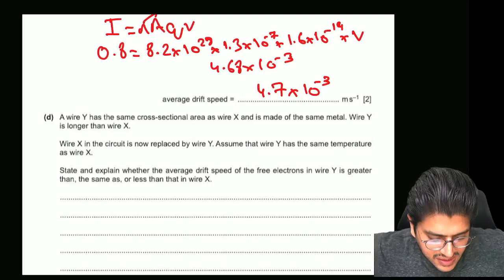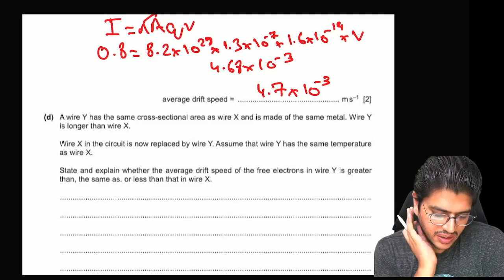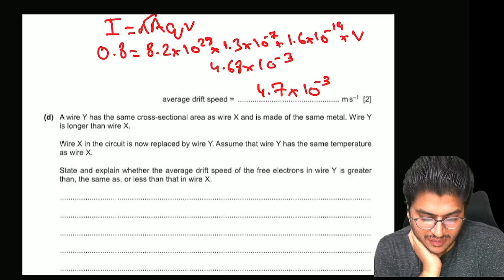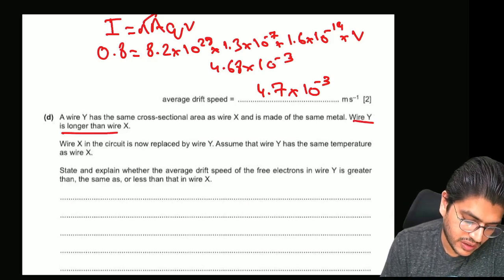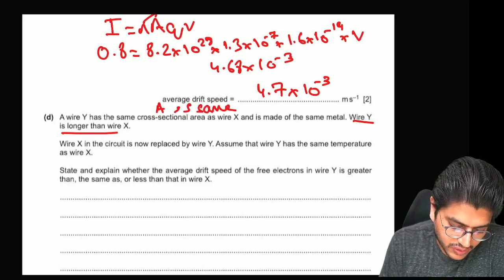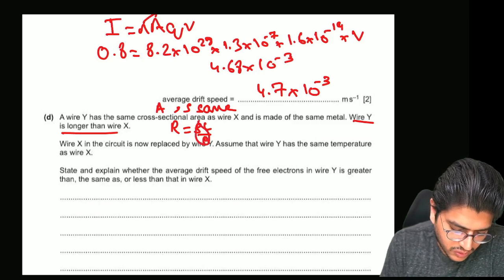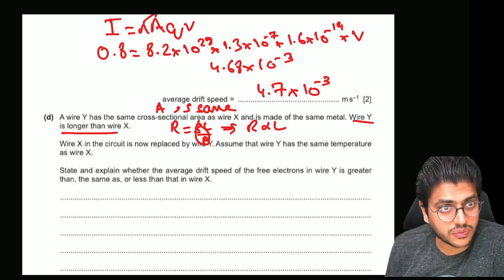Wire Y has the same, so this is a different wire. Wire Y has the same cross-sectional area as wire X and is made of the same material, but it's longer. So same cross-sectional area, A and rho are the same, but it's longer. So resistance is rho L over A, rho and A are constant. So can I say resistance and length have a direct relationship? Of course we can.